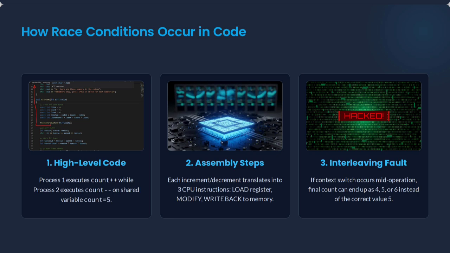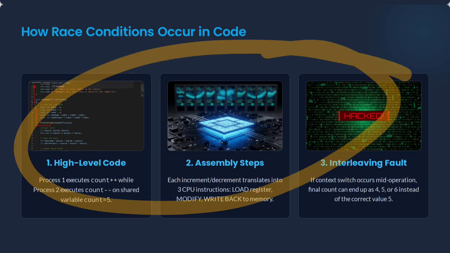Each statement is translated into three CPU instructions: load into a register, modify, and store. If a context switch occurs in the middle of the operation, the final count can be 4 or 6 instead of the correct value of 5.